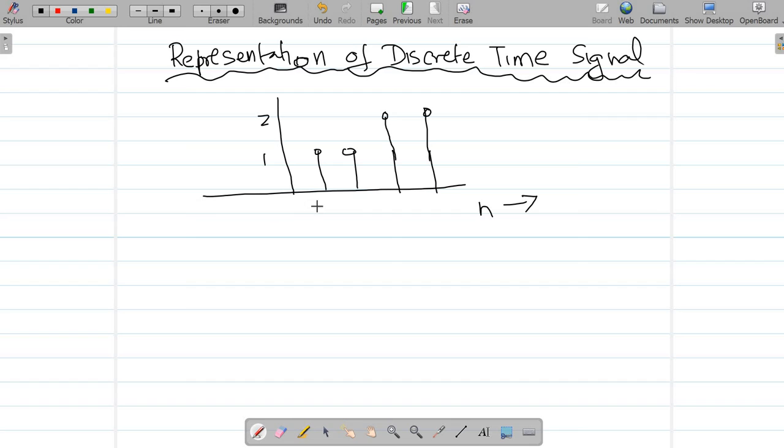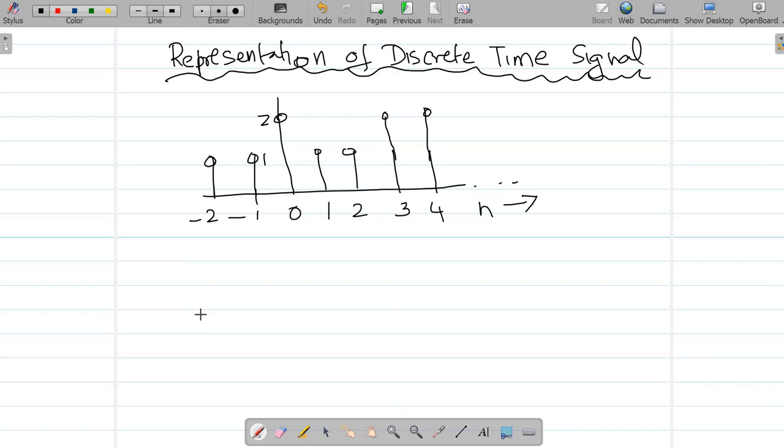So the axis is the index number, and we have 1, 2, 3, and so on. Similarly, on the negative side also we can have samples, and even at the origin we can have a sample. So this is called a sequence. This is a discrete time sequence, another name given to a discrete time signal.